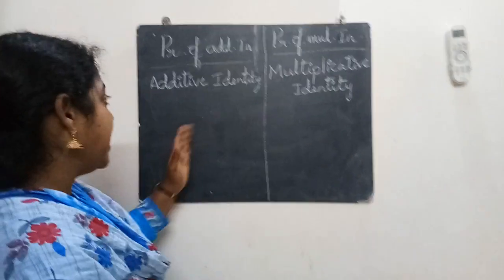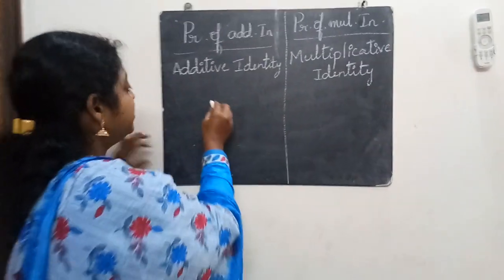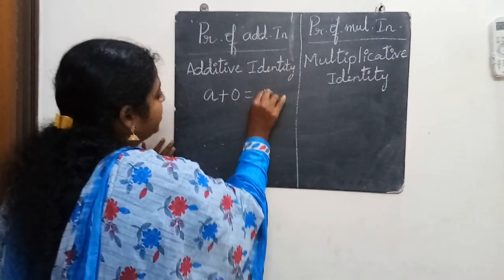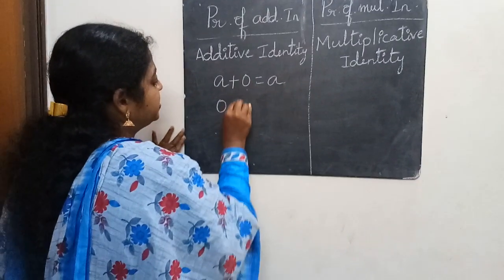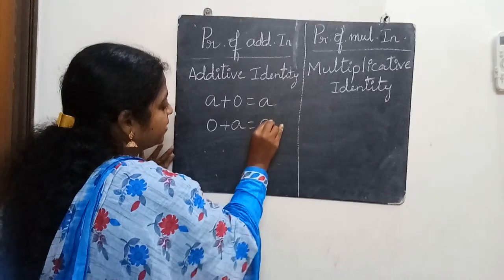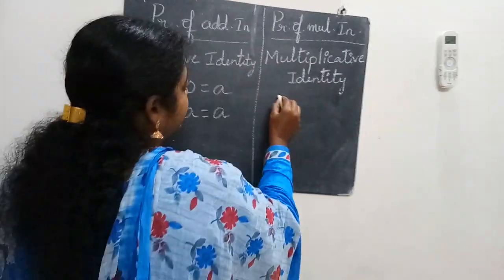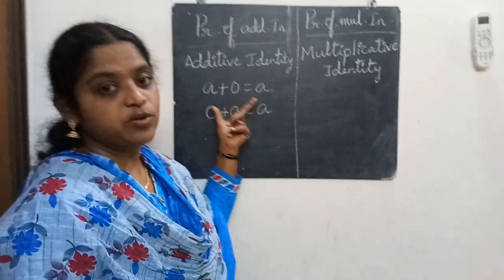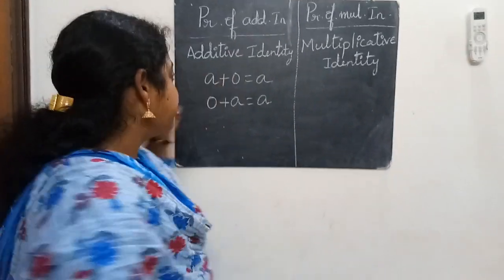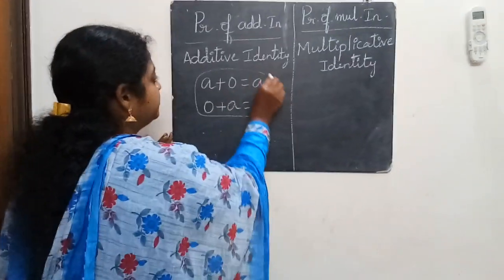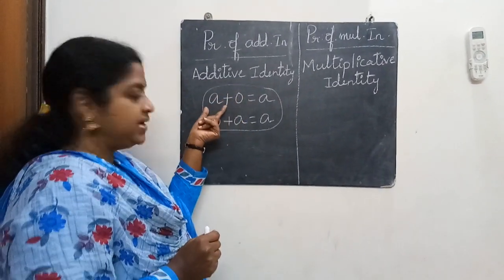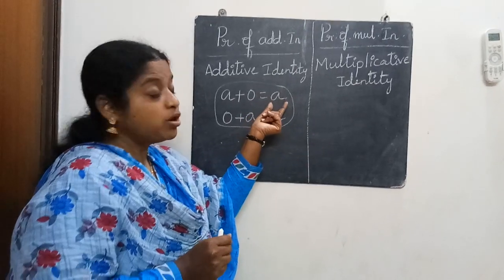In the same way, additive identity: A plus 0 is equal to A, or 0 plus A is equal to A. What do you observe here, children? Additive identity means that by adding some number to the integer, it should not change the value.